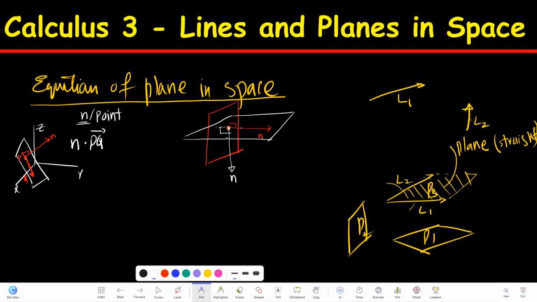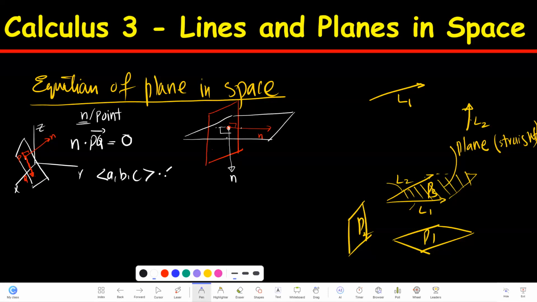If both are perpendicular, their dot product should be equal to, if two vectors are perpendicular, their dot product equals 0, right?